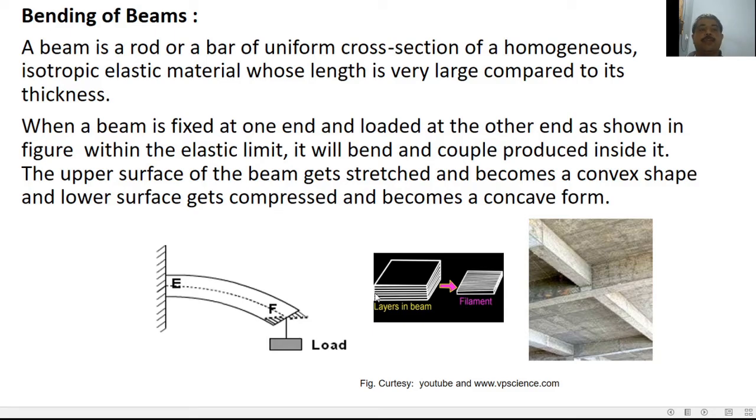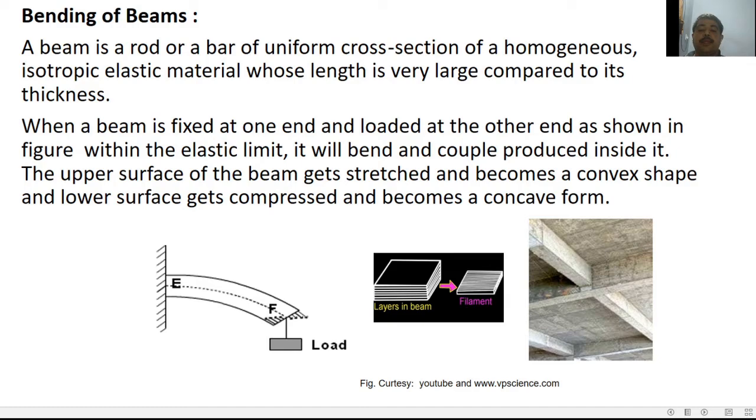A rectangular beam may be supposed to be made up of a number of thin layers placed in contact and parallel to one another. Each layer may be a collection of thin fibers lying parallel to the length of the beam. These fibers are called longitudinal filaments of the beam.